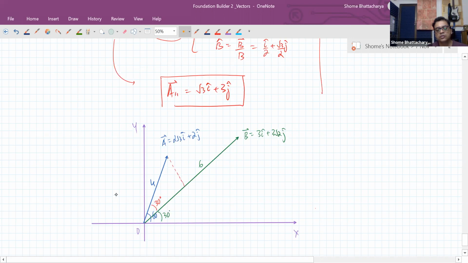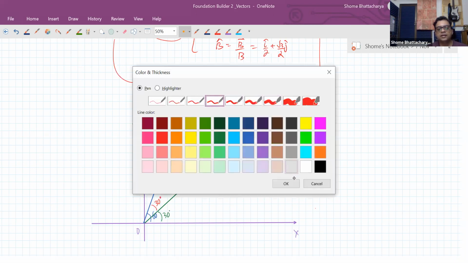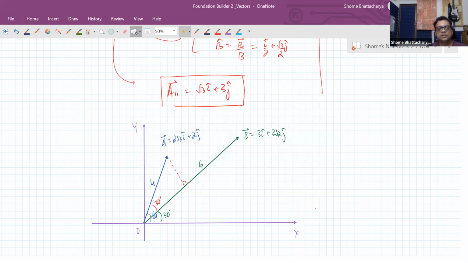So when you drop this perpendicular here, your parallel component of A should become like this, be this one, and the perpendicular component of A should be this one, like this. So this should be A perpendicular, this should be A parallel.